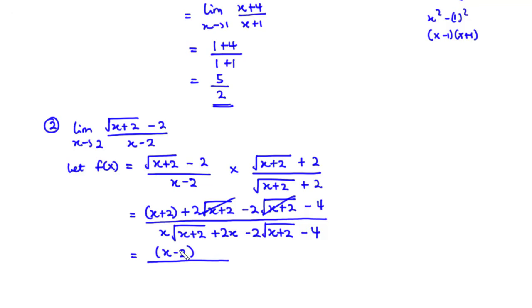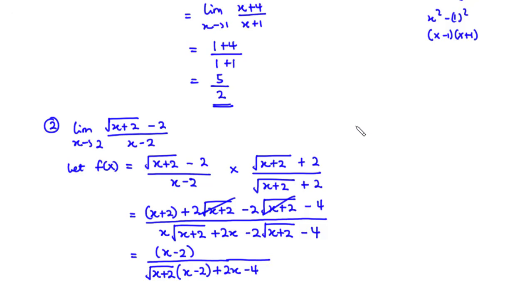divided by. Now looking at the denominator, you realize that the square root of x plus 2 is common to both x and then negative 2. So we can factor out the square root of x plus 2, and then we have inside of the bracket x minus 2, and then we have plus 2x minus 4.